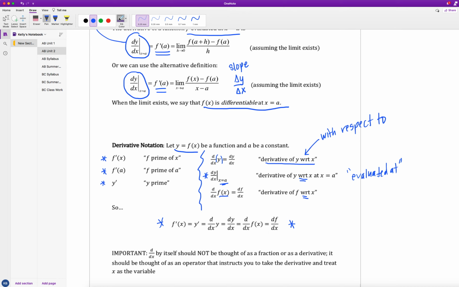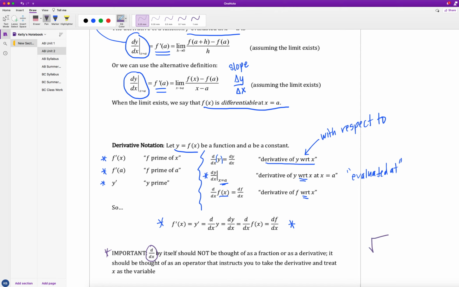One important thing I do want to point out to you guys is that d over dx by itself should not be thought of as a fraction or as a derivative. It should be thought of as an operator that instructs you to take the derivative and treat x as a variable. So just having a d over dx by itself without any input doesn't make sense.